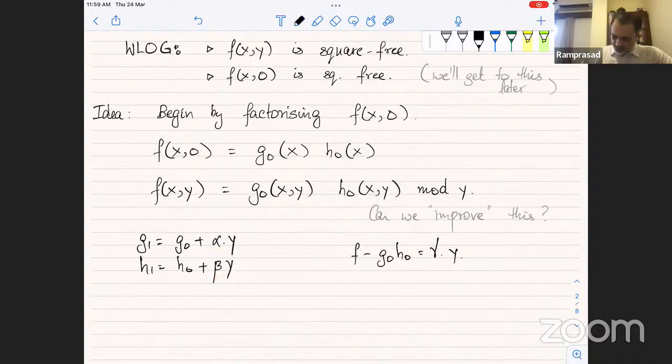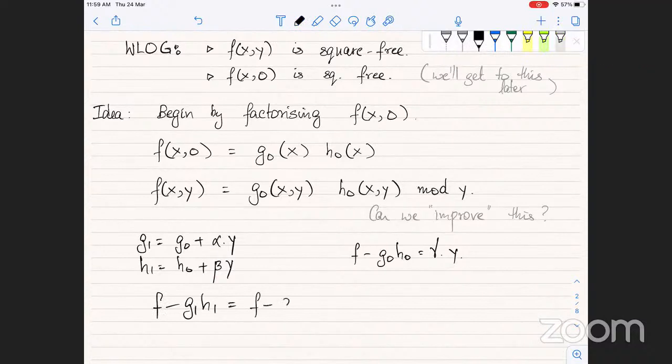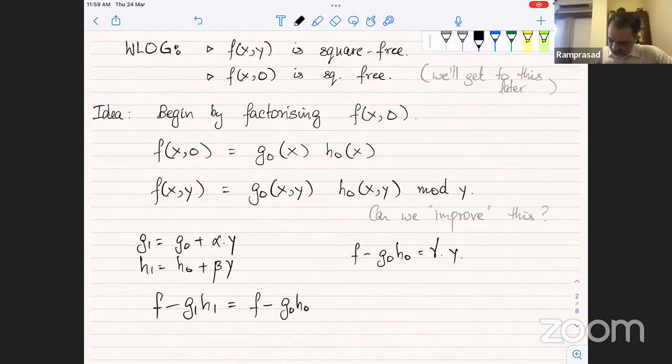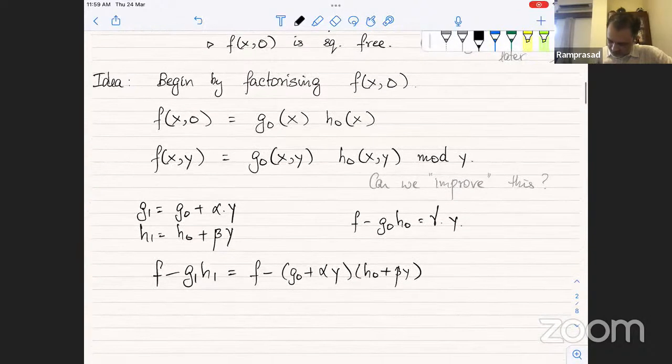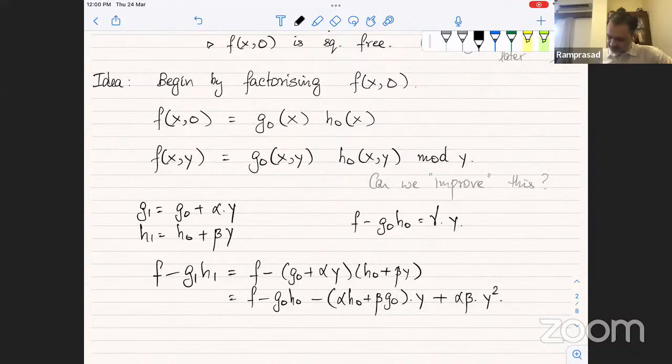So let's just write down what is f minus g1 h1. This is going to be f minus g0 h0 minus of g0 plus alpha y times h0 plus beta y, which becomes f minus g0 h0 minus of alpha h0 plus beta g0 times y, plus alpha beta y squared.